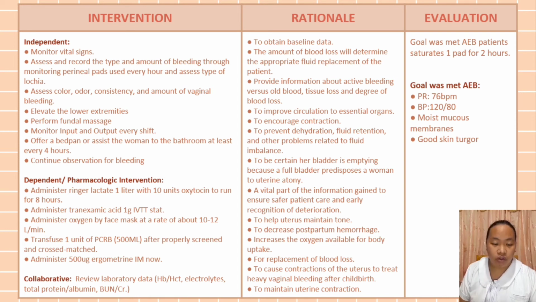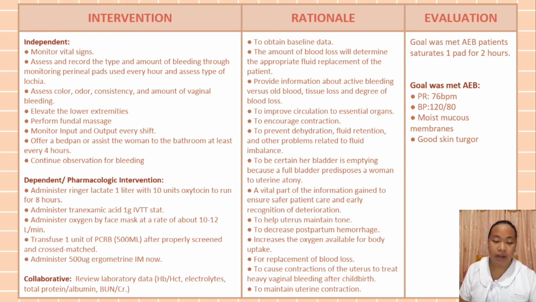Then next, offer a bedpan or assist the woman to the bathroom at least every 4 hours. This is to be sure that her bladder is empty, because full bladder predisposes a woman to uterine atony. Then continue observation for bleeding. This is a vital part of the information gained to ensure safer patient care and early recognition of deterioration.